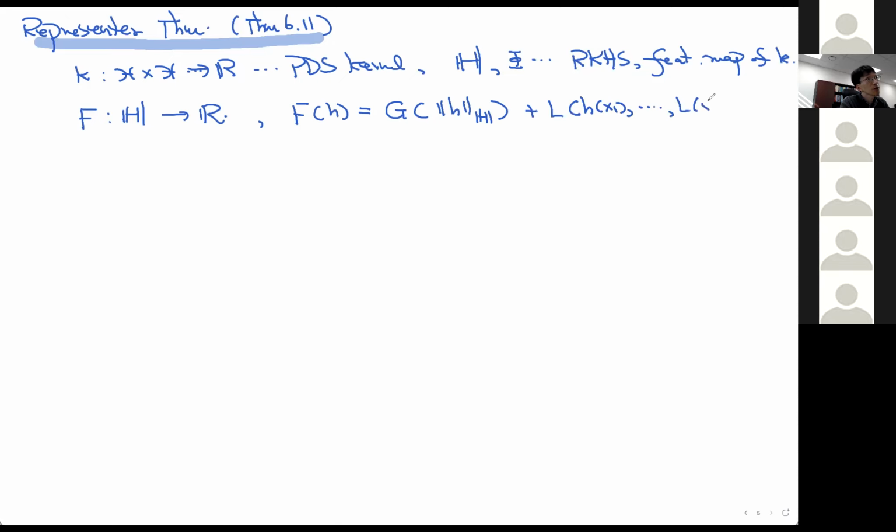The L has the information about y1 up to ym built in.